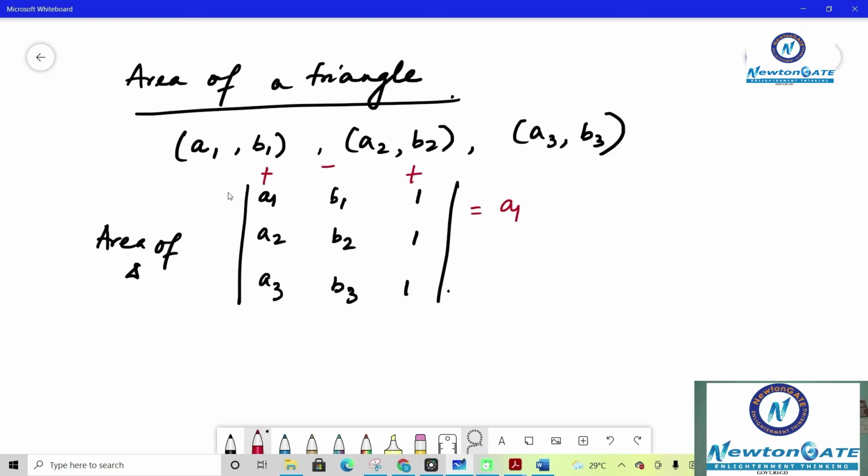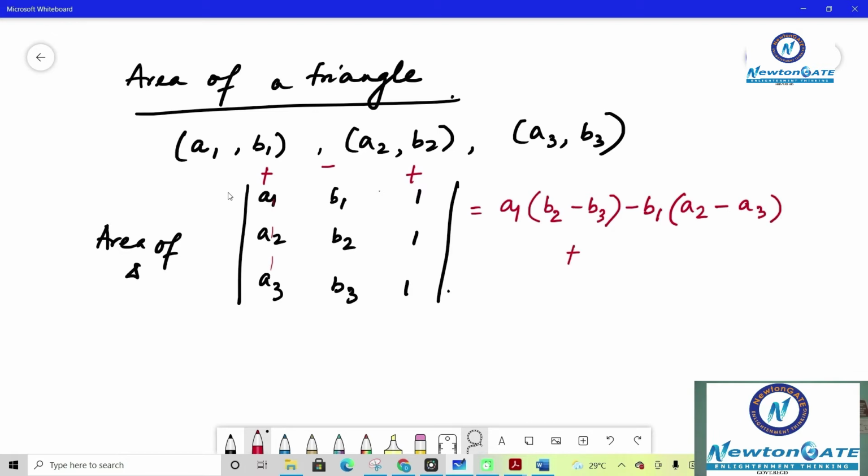So for a1, we leave its row and column, and we are left with b2 minus b3. Then moving to the minus sign, for b1, I leave its column and row, and I am left with a2, a3 and 1, 1, which gives me a2 minus a3.